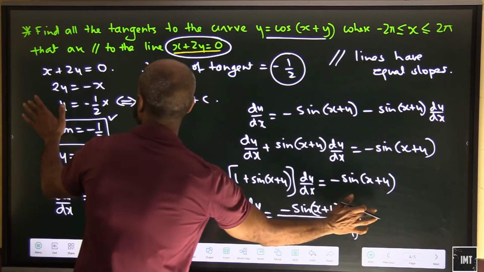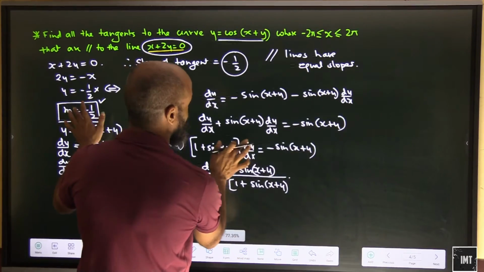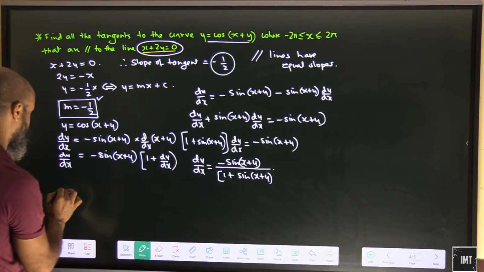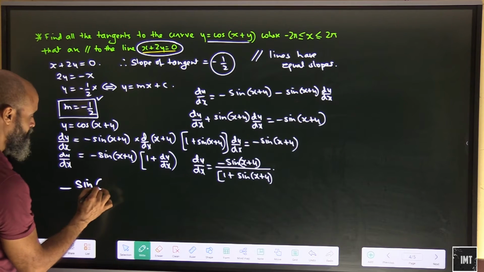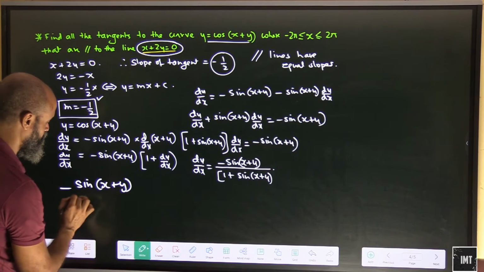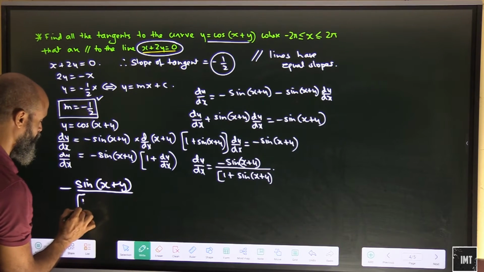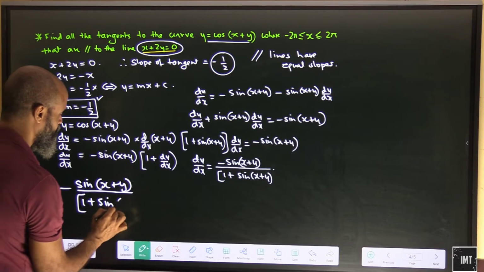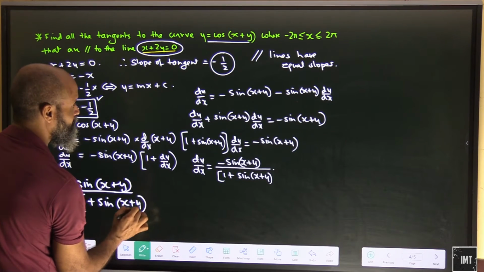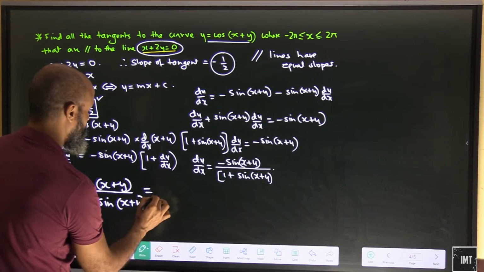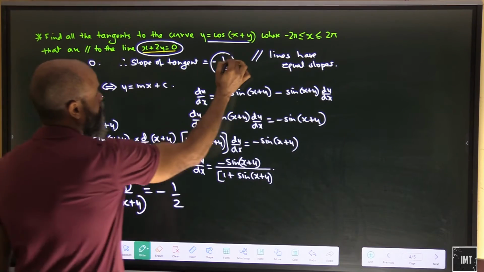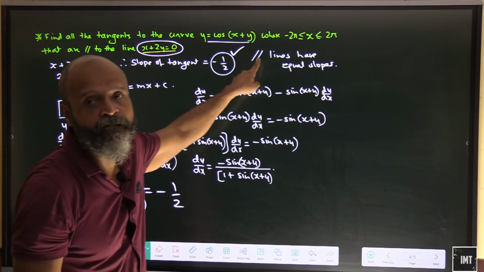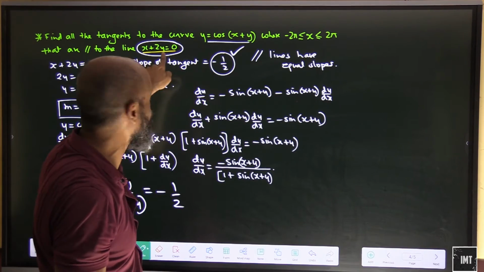Okay, this is going to be the dy by dx part. Now we know that the slope here is equal to minus 1 by 2, so we can say minus sin(x plus y) upon 1 plus sin(x plus y) is equal to minus 1 by 2. We have already calculated the slope of the tangent because the tangent is parallel to this line.